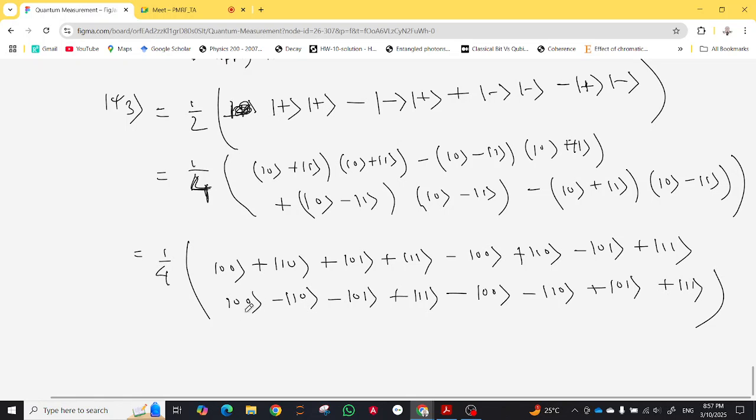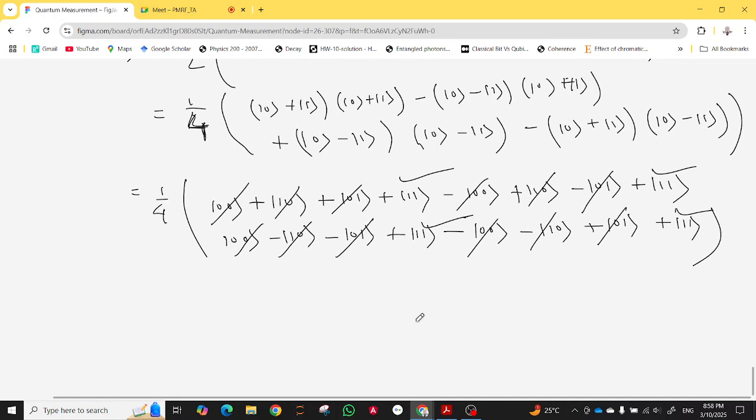Now check what things are vanishing. 0 0 and 0 0 cancel. This is gone. Plus 1 0 minus 1 0, plus 0 1 minus 0 1, plus 1 0 minus 1 0, plus 0 1 minus 0 1. All are gone, right? Only four 1 1 states are left, right? You will get 1 by 4 into 4 times 1 1.